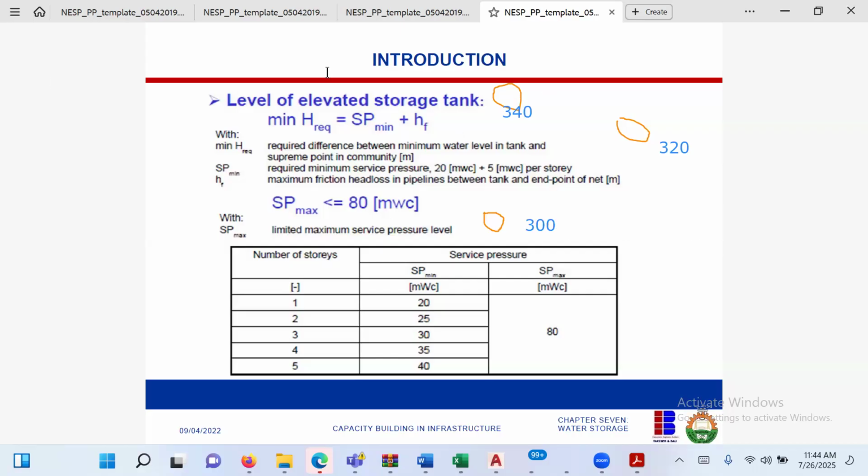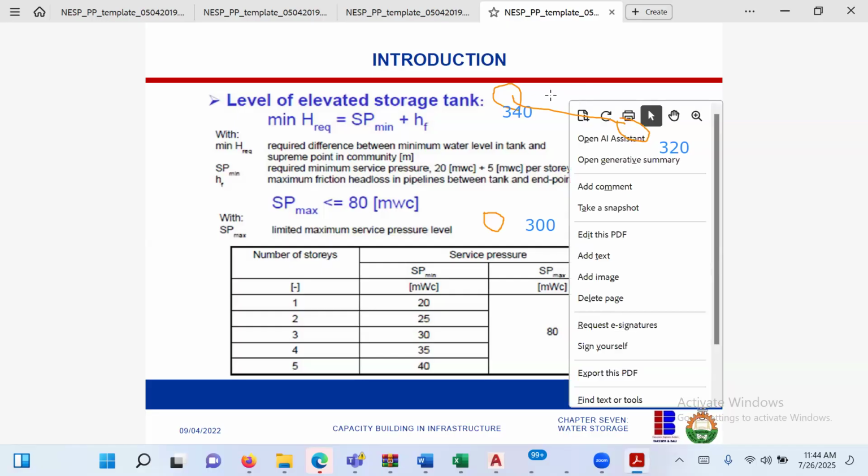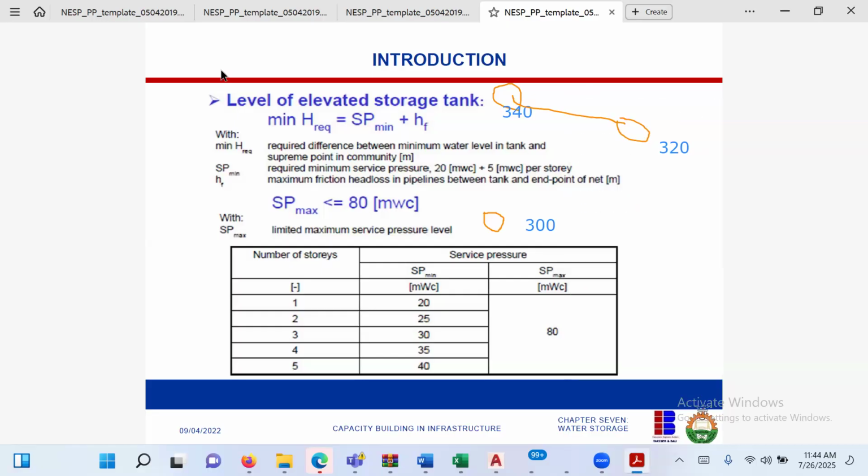It means once water flows from here to here, I will have a head of 20. I have my required 20 service pressure.